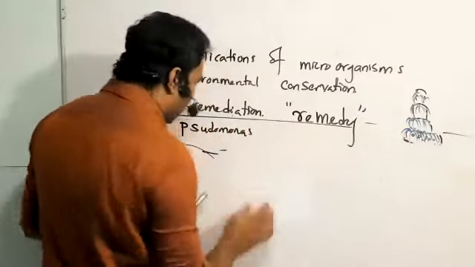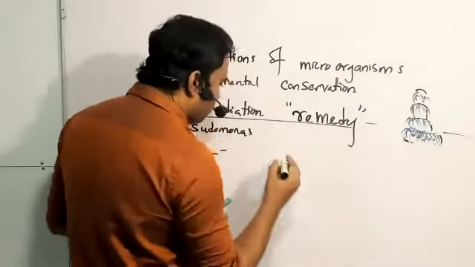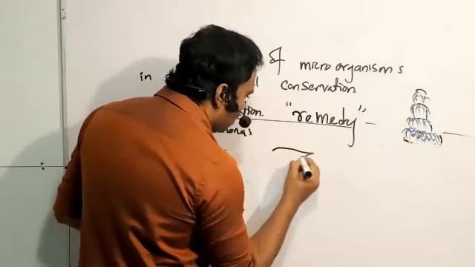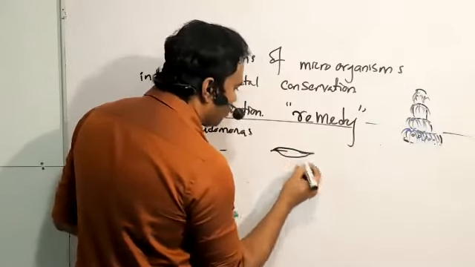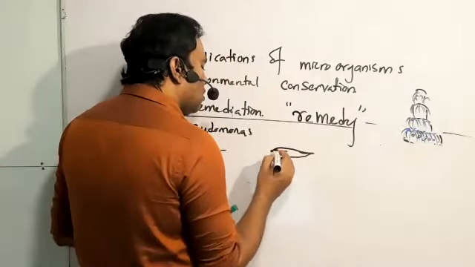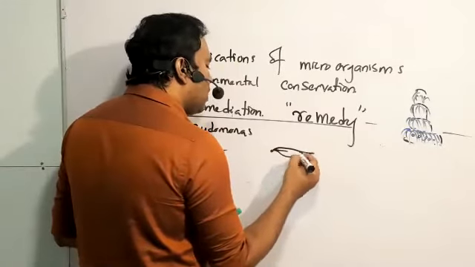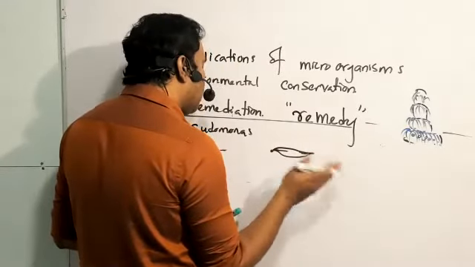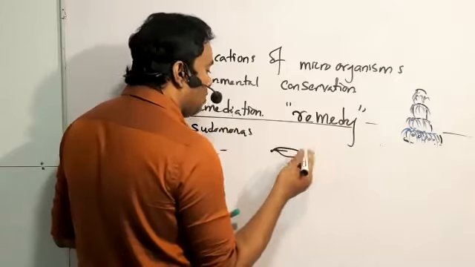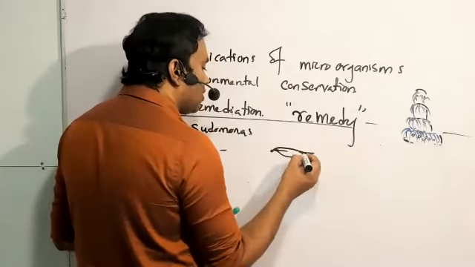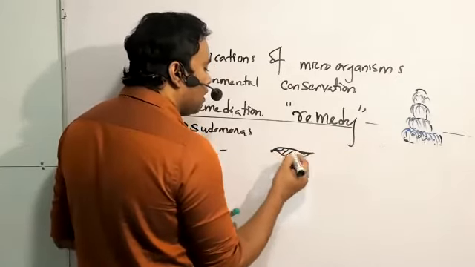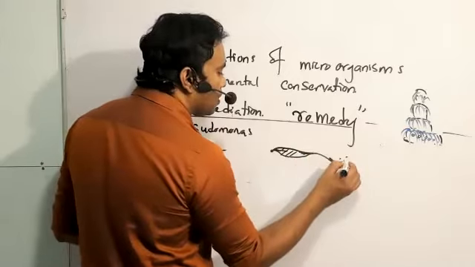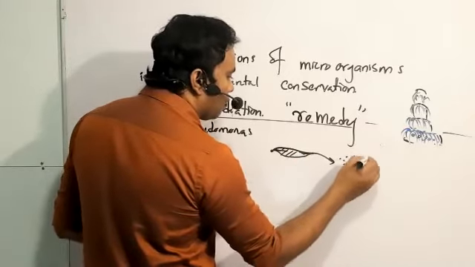Okay, let's see. This is a plant material. There are some microorganisms in nature, most of the time bacteria, or some of them are fungi. Due to the action of them, this plant material is decomposed into small particles.